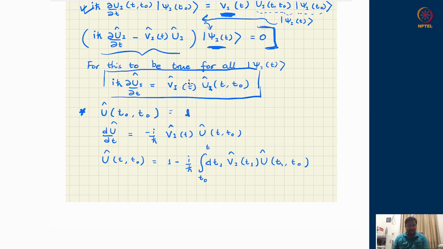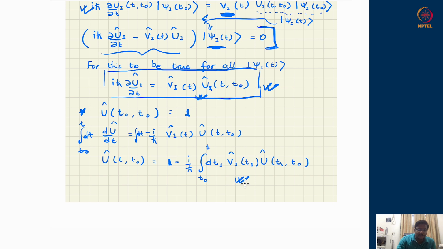Further, as we have just seen from the previous expression, this should be respected. That means the time derivative of the unitary should be equal to this right hand side. If I integrate over time on this side and on that side between t0 and t, on the left hand side I will get the unitary at time t minus the unitary at time t0. The unitary at time t0 is the identity. So I can write the unitary as the identity, or 1, minus i/ħ times this integration.